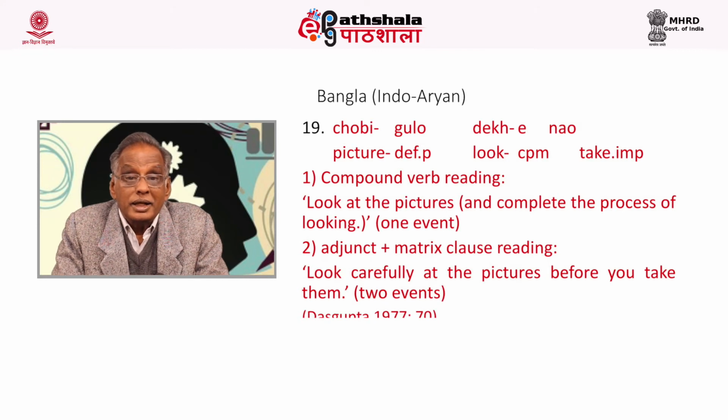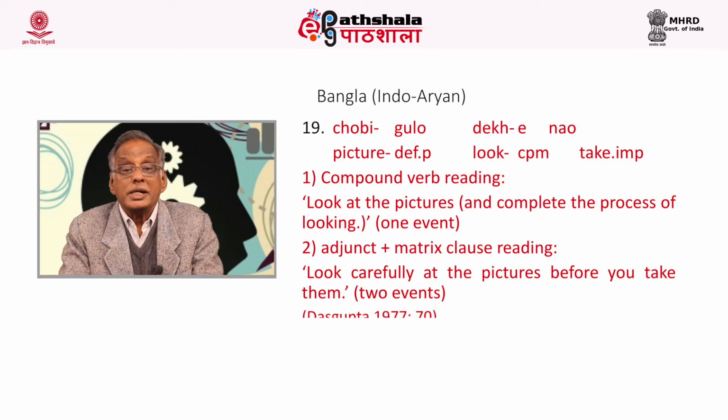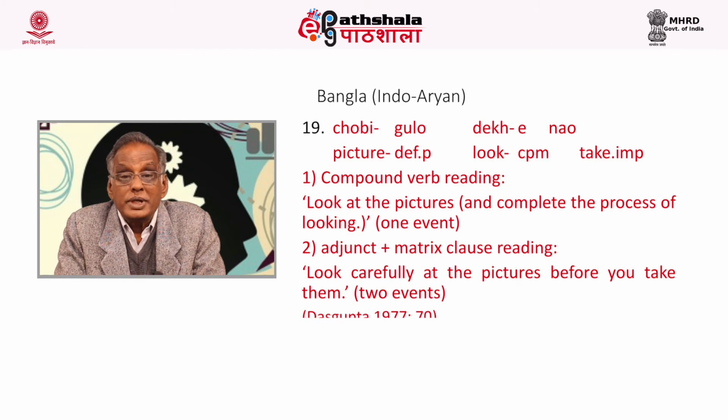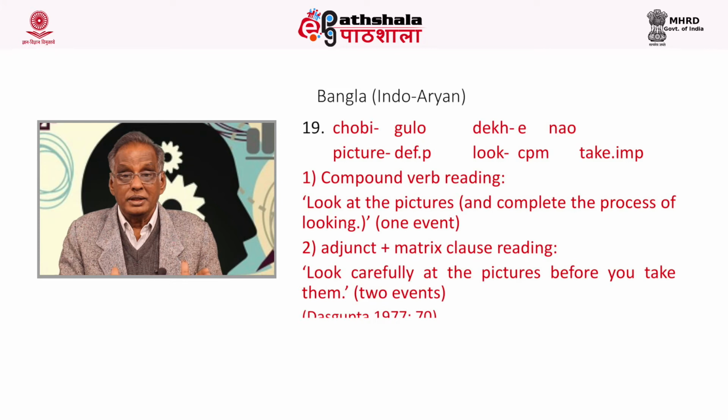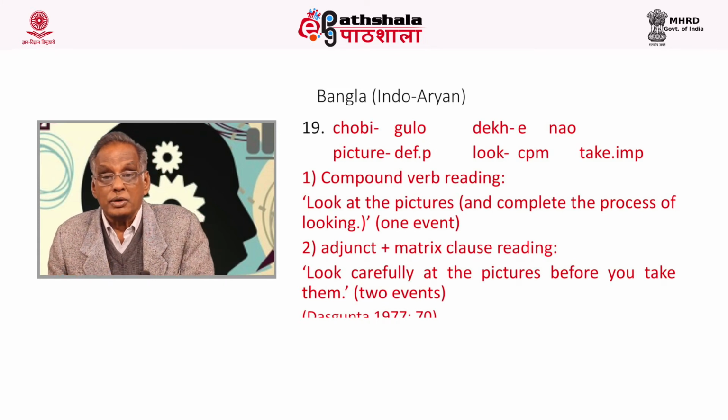But dekhe now can be interpreted as two events. That is, dekhe is dekhkar of Hindi, now is lo. So it can be interpreted as dekhkar lo. That means look carefully first at the pictures before you take them. That is, dekhe is one event, now is another event.